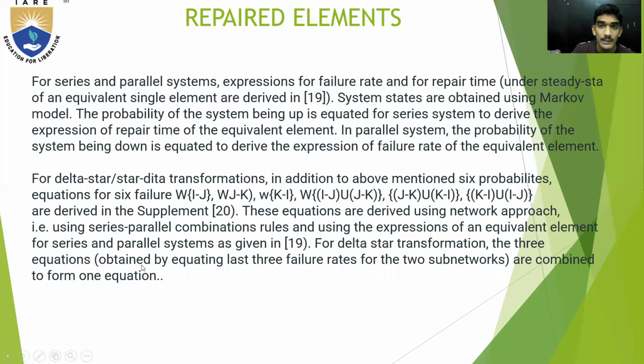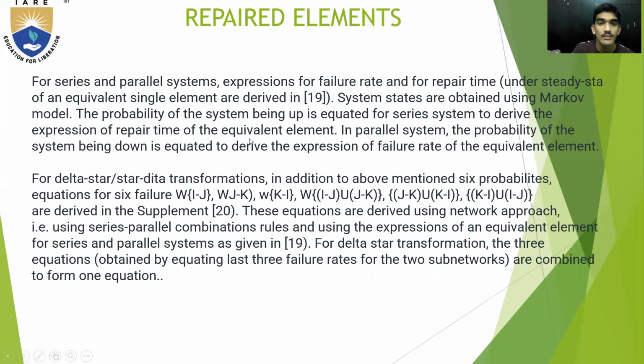Next is repaired elements. For series and parallel systems, expressions for failure rate and for repair time under steady state of the equivalent single element are derived in 19. System states are obtained under a Markov model.